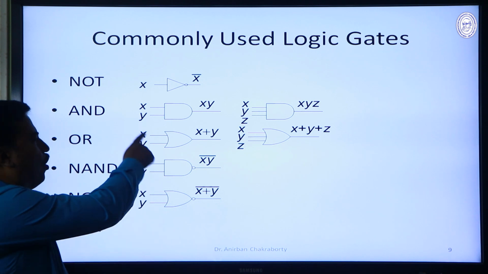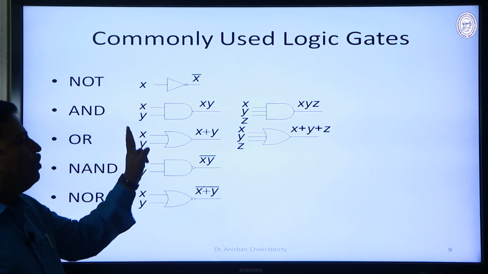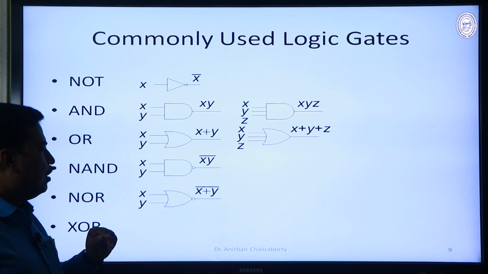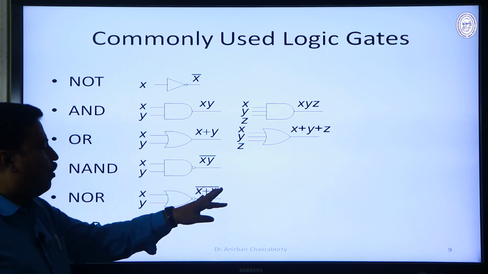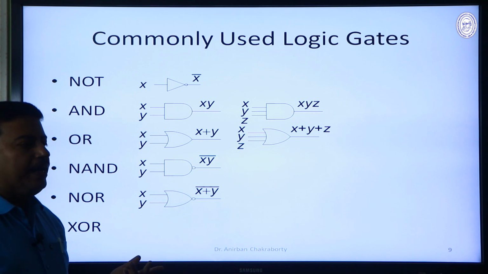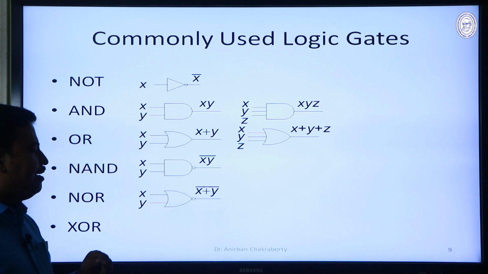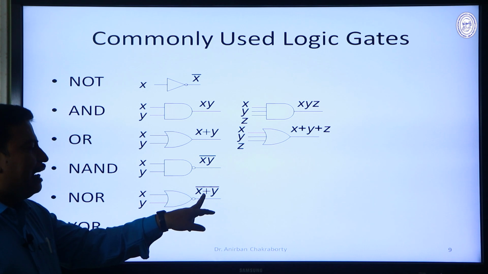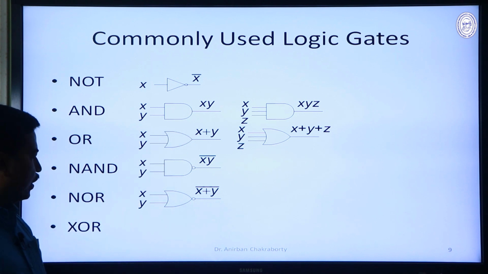In OR, only when all the inputs are 0 does it produce 0. For NOR, only when all the inputs are 0 does it produce 1. And if at least any one of the inputs is 1, then it generates 0, unlike OR, where for those cases it generates 1.